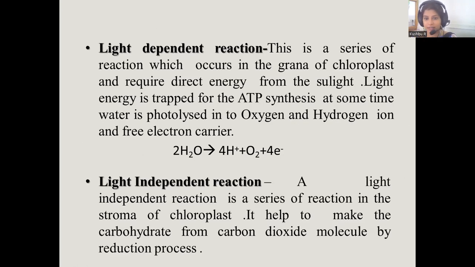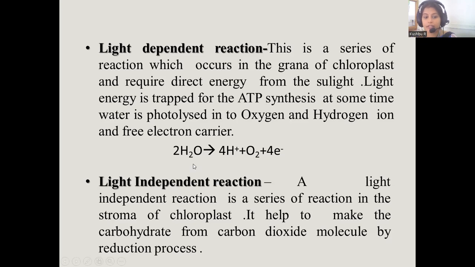In the light dependent reaction, the photosynthetic activity, or the preparation of their own food, happens in the grana of the chloroplast under the influence of sunlight. It is not mandatory for the organisms to be dependent on light. Where there is light deficiency, they undergo the light independent reaction.